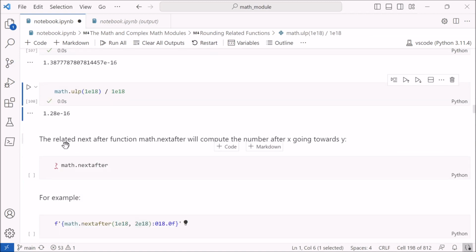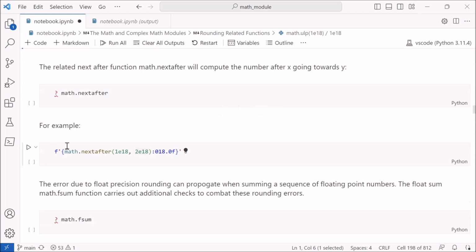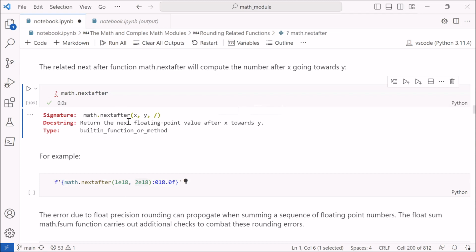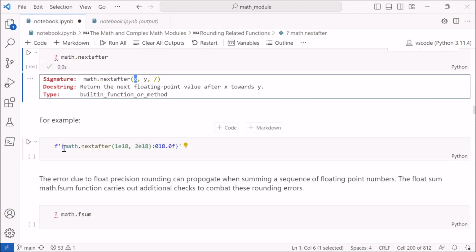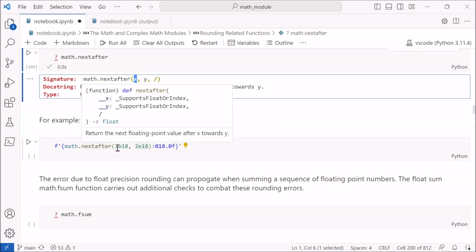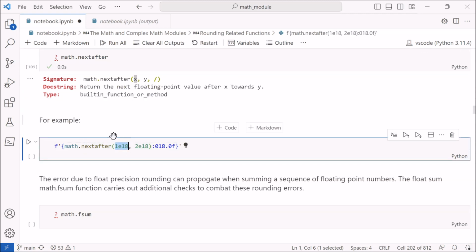So a related function is going to be the next after function, which takes a number x and moves towards y and gives the next number after x in the direction of y. So for example, we take this number 1 times 10 to the 18 again, and we are moving higher up, so towards 2 times 10 to the 18, we can see what the next number after 1 times 10 to the 18 is.